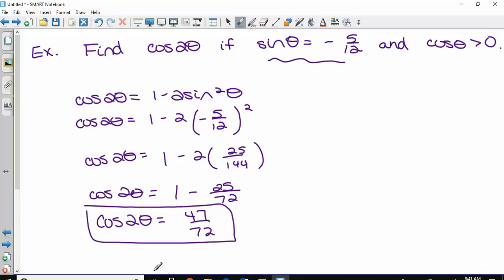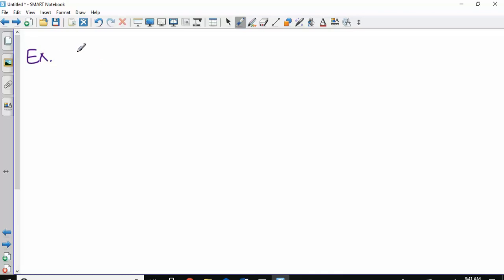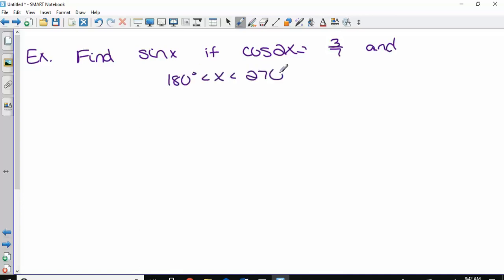Let's do another one. Let's say I said... I'm asking you to find sine, and what I've given you is cosine 2x.